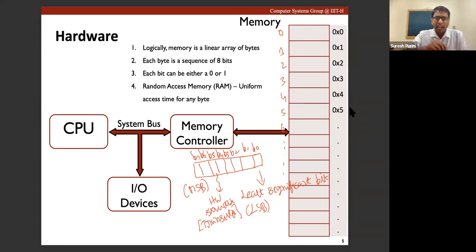So a fundamental idea in programming, in computer science or in engineering, is this idea of an abstraction. So when we say, hey, a byte consists of 8 bits, B0 to B7, B0 is the least significant bit and B7 is the most significant bit.